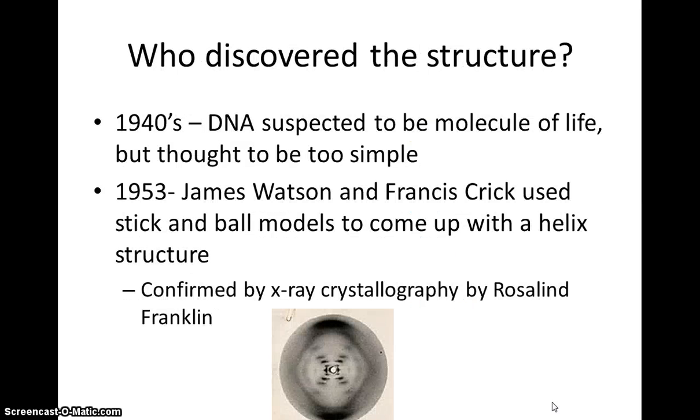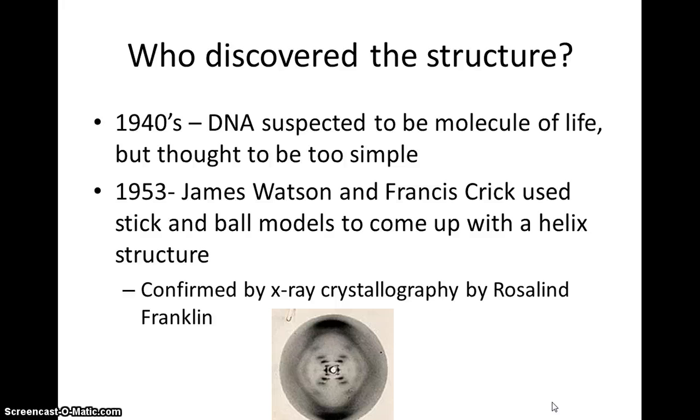Okay, so you're probably thinking at this point, how on earth did anyone come up with this structure? As early, or as late, depending on how you think about science, as the 1940s, DNA was suspected to be the molecule of life. Still in the 1940s, it was not known to be our hereditary information because people thought it was too simple.